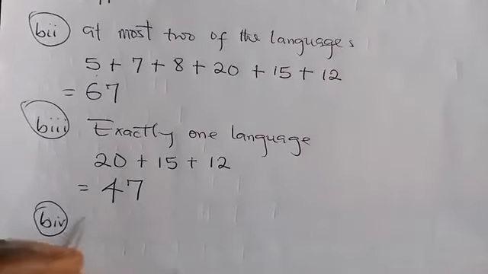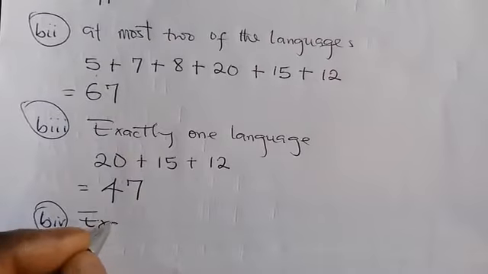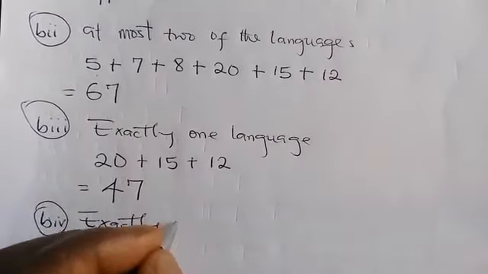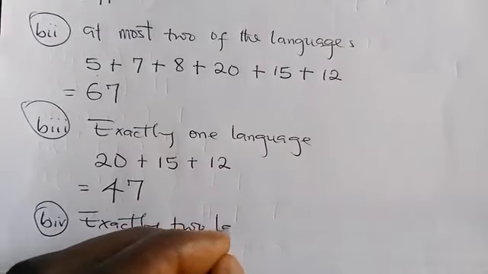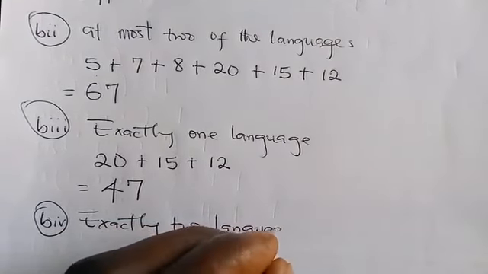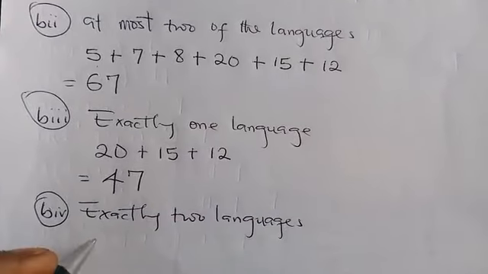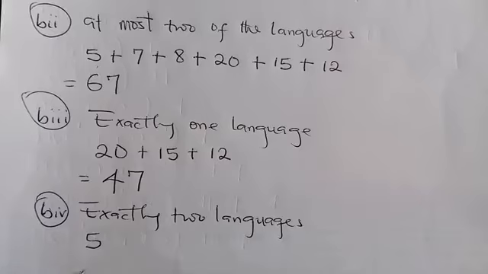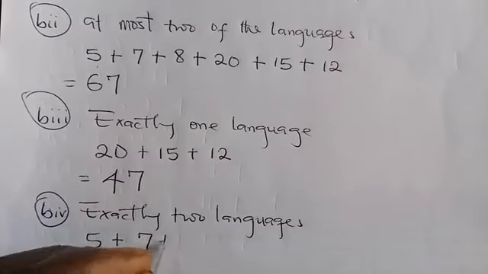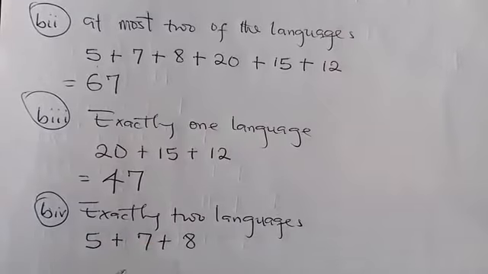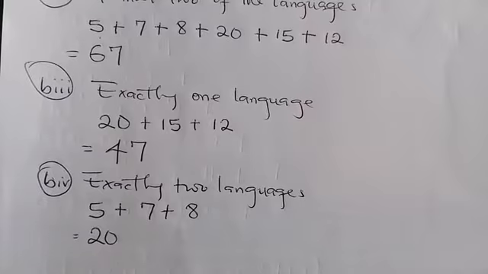We have 5 for French and German. We have 7 for French and Spanish, and we have 8 for German and Spanish. 5 plus 7 is 12. 12 plus 8, we have 20. So 20 boys offered exactly two languages.